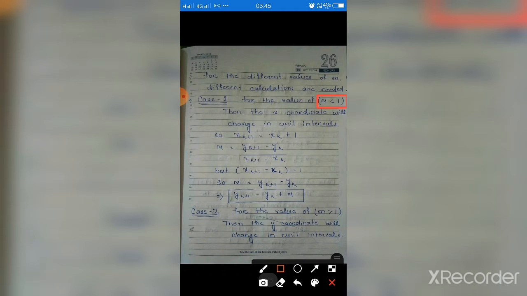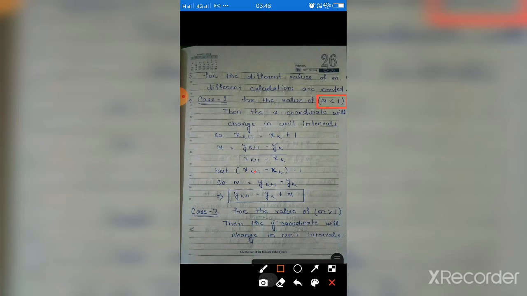Then the x coordinate will change in unit intervals. Where the m value is less than 1, the x coordinate will change in unit intervals. That means only x increases. So if the first point is xk, then the next point is xk plus 1.